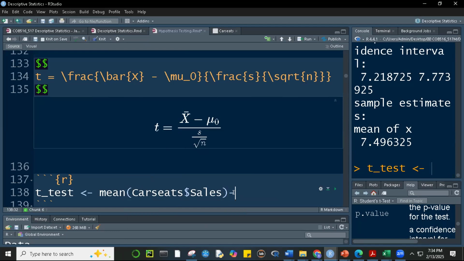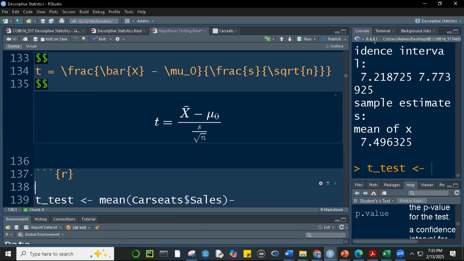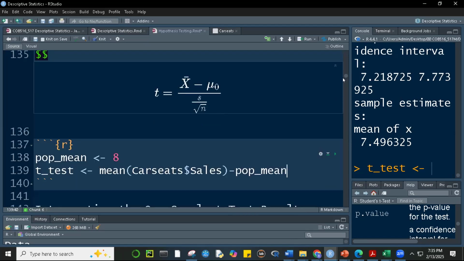Minus, you're given the population. Maybe let's create here pop mean, alt minus 8. So I'm creating a variable called pop mean, population mean, so that I'll be using that here, pop underscore mean. So that the formula will be better because it refers to a variable.